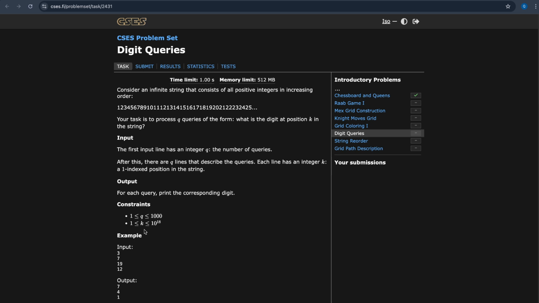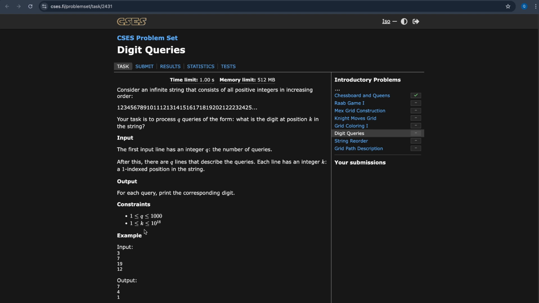To be exact, it is 10 to the power of 21, and we cannot come up with such an approach, because when you create a string with such size, your code might get time limit exceeded or memory limit exceeded, and so on. That is not a wise approach.